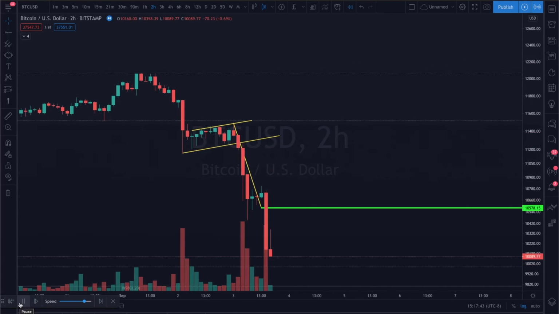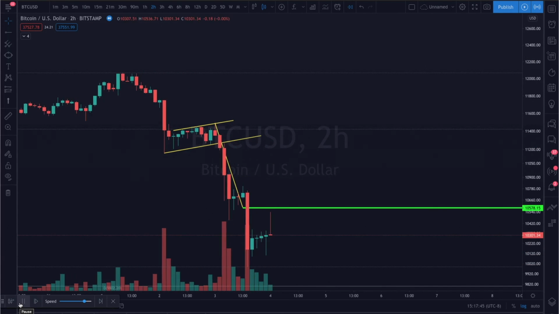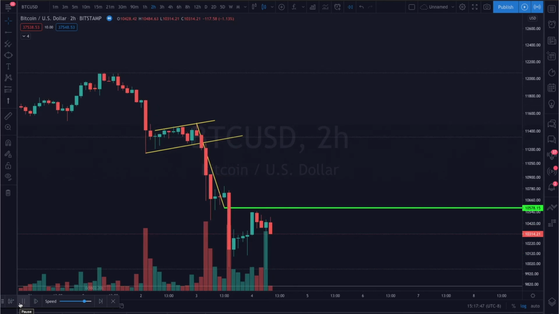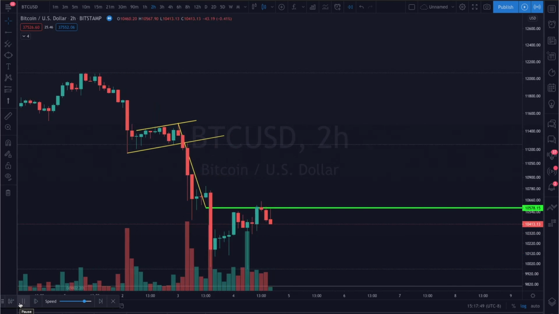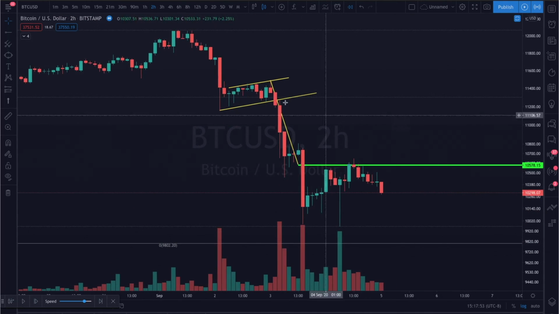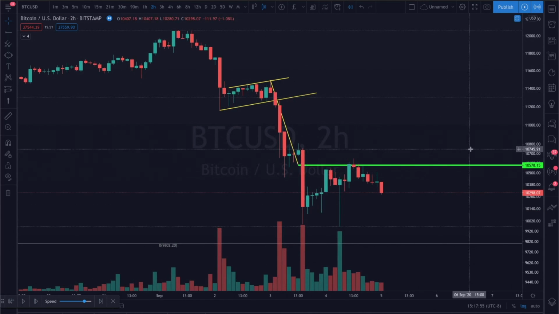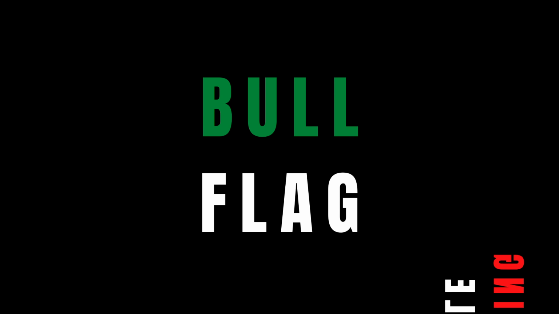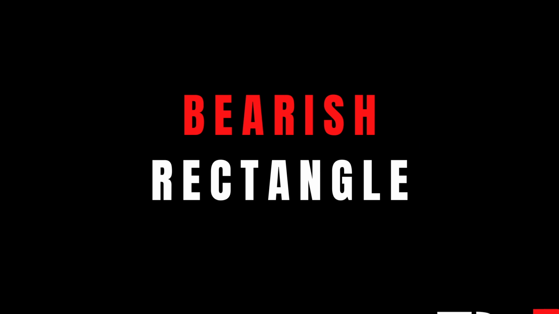So confirmation to sell is when you get a candle body close below the lower trend line. Your pattern confirmation, again, the same way with the bull flag, you get at least 2 touch points on both the support and the resistance lines, and the percentage of time that bear flags break to the downside is about 64%. Okay, so these are some of the 5 most common continuation patterns that you will see in price action.